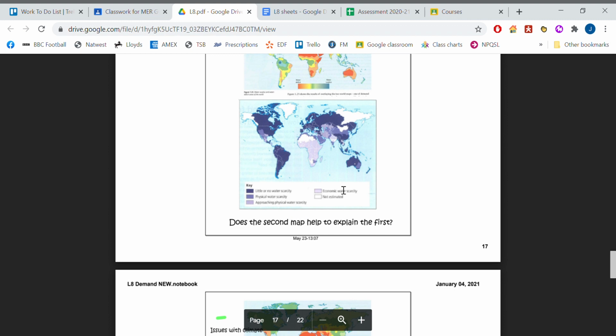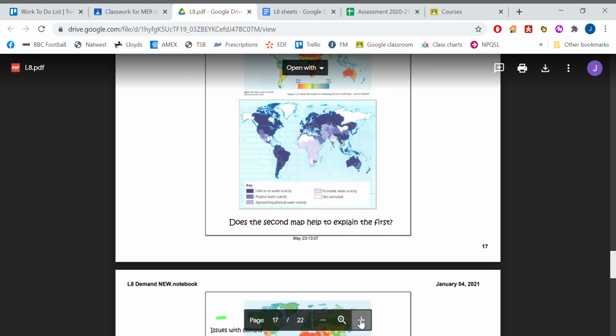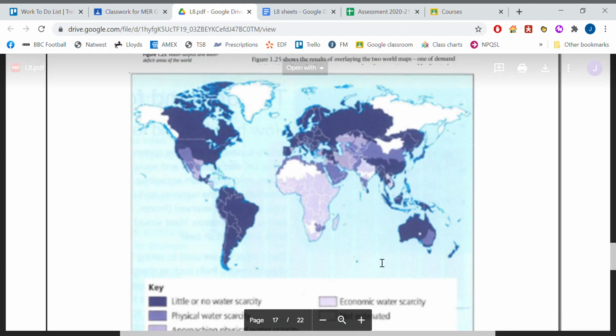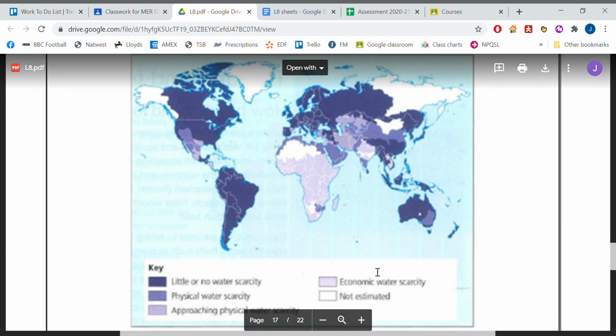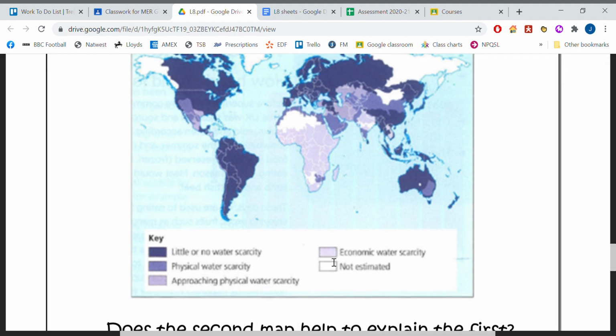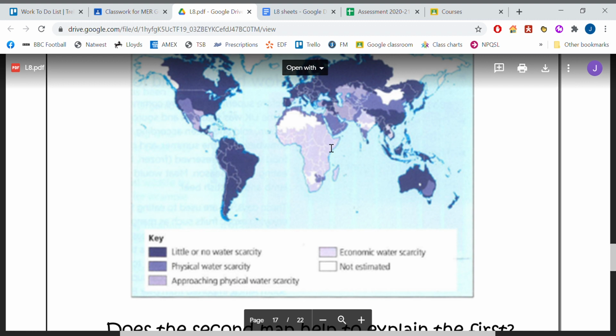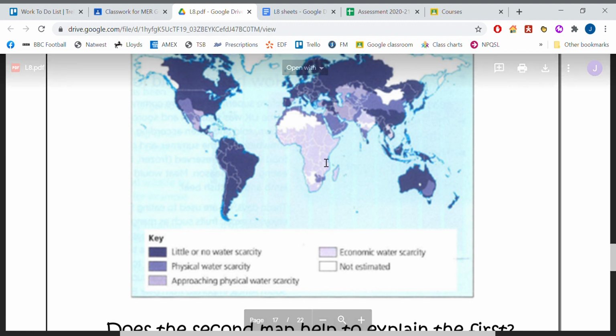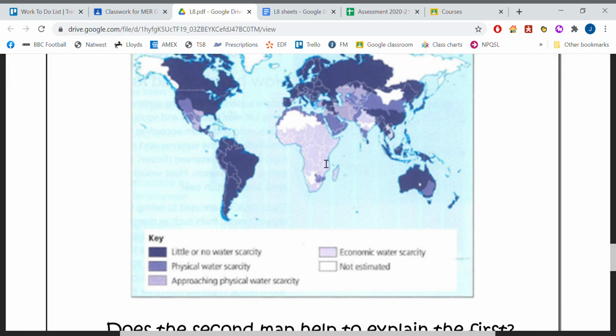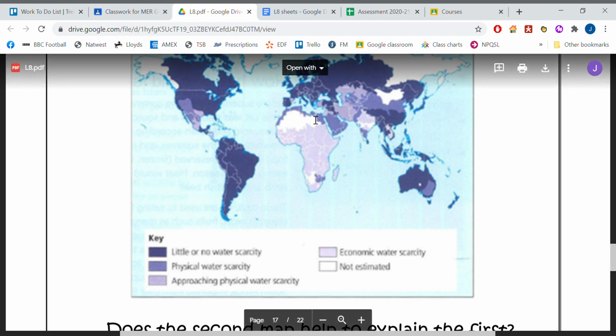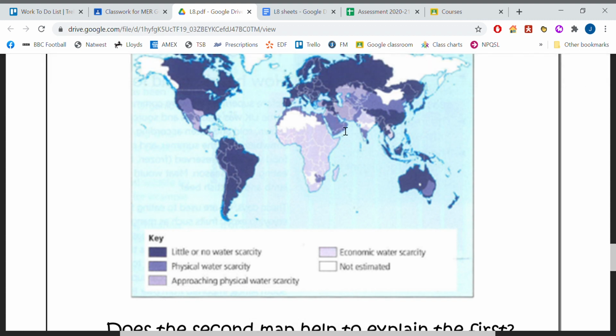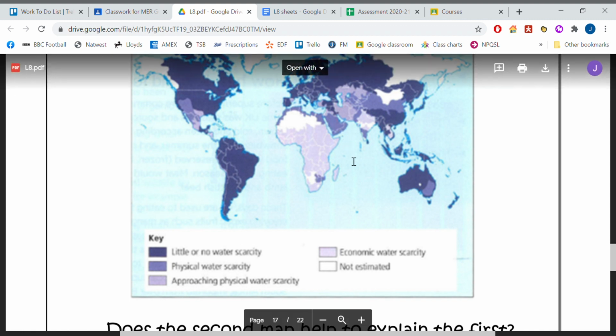Okay, and linked to that, you have to zoom in here. I put a map that we saw earlier in the topic, which is about where they've got scarcity because of economic reasons. So in Africa, they've not got enough because of money, so they can't extract clean water, and physical scarcity. So in these areas over here, which suffer from much drier conditions, they literally don't have enough water.